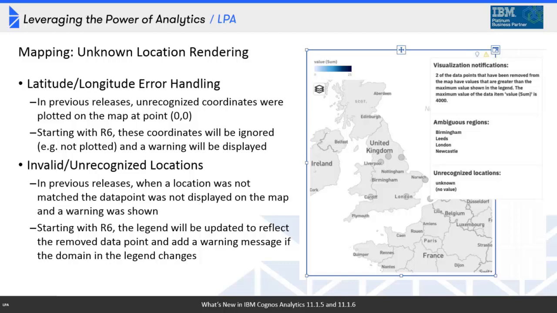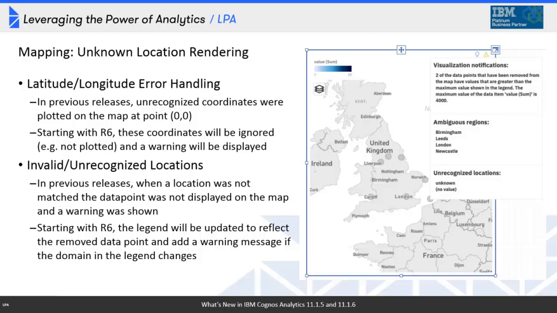So that's sort of specific to latitude and longitude. And then in general, about invalid or unrecognized locations of any type, whether those are region locations or point locations or coordinates like latitude and longitude, much more enhanced information is presented about those that are unknown. Certainly, it's going to continue to give you the list of ambiguous and unrecognized locations.